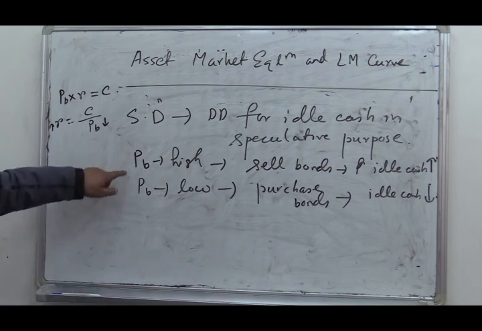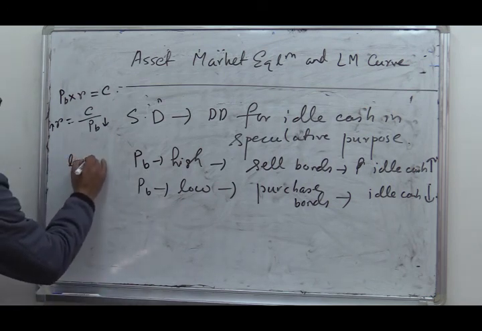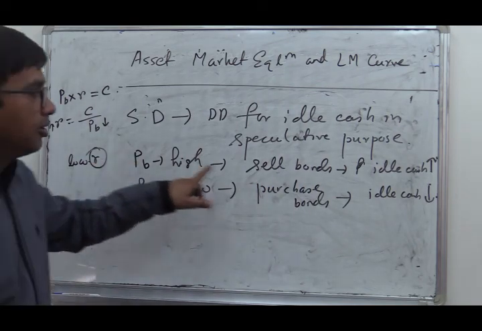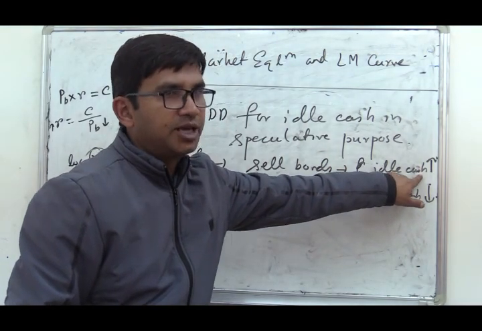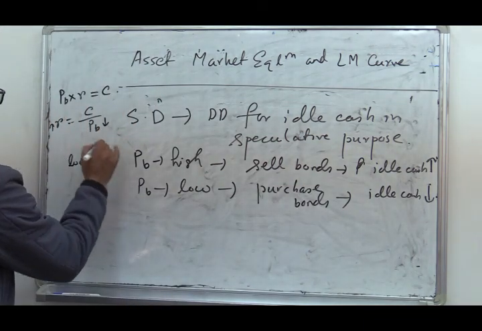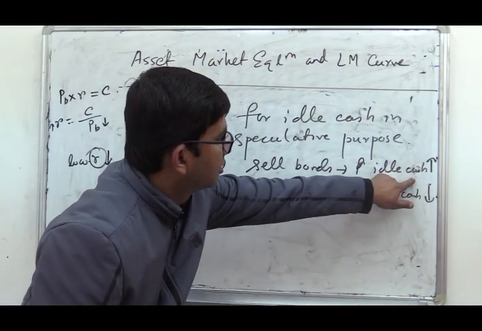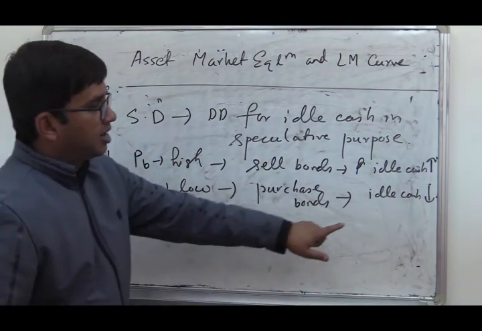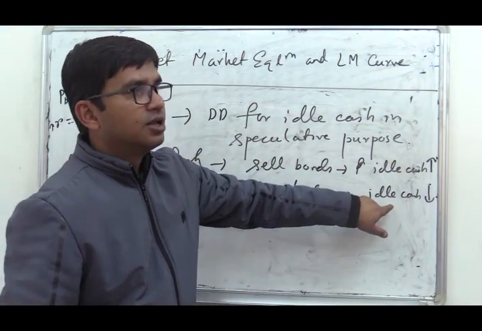So PB high means low rate of interest. So whenever rate of interest is low, demand for idle cash will be high. If rate of interest falls, demand for idle cash will be high. And if rate of interest rises, demand for idle cash will be low.